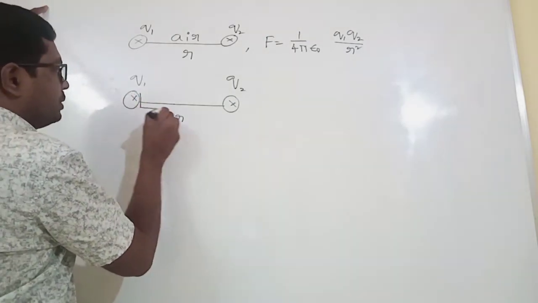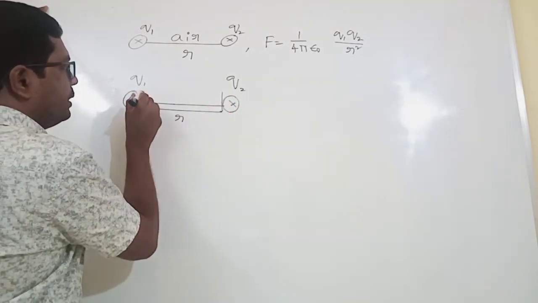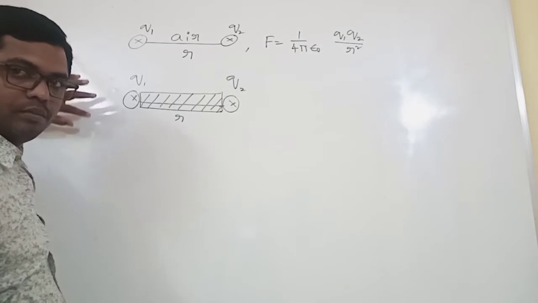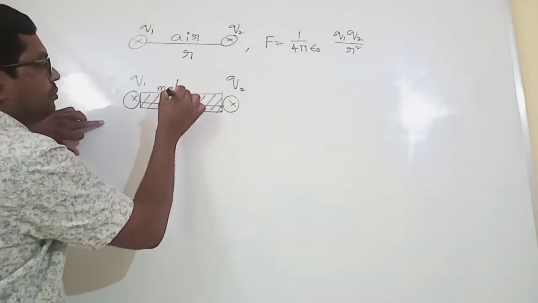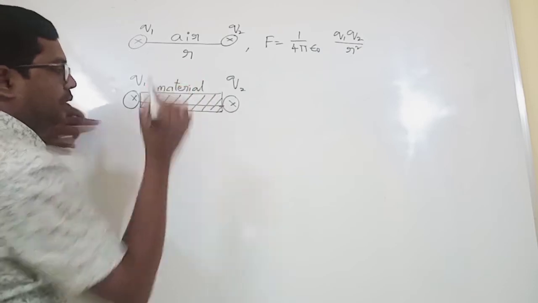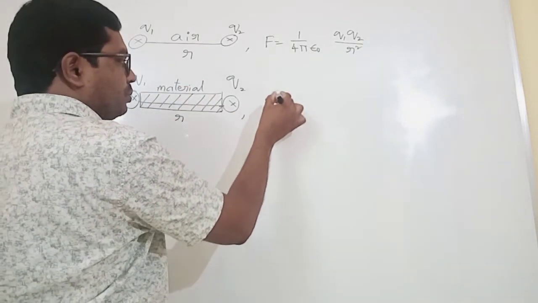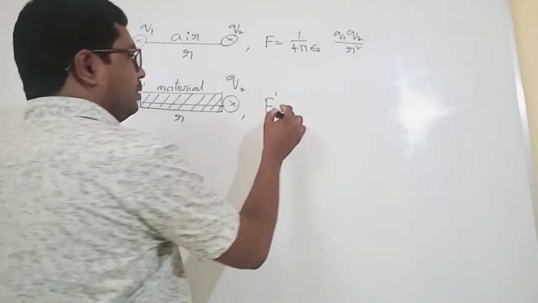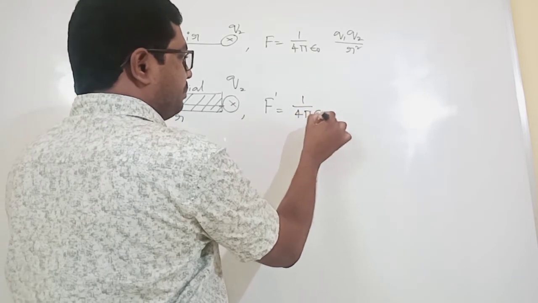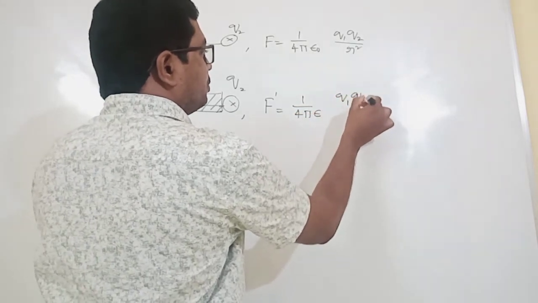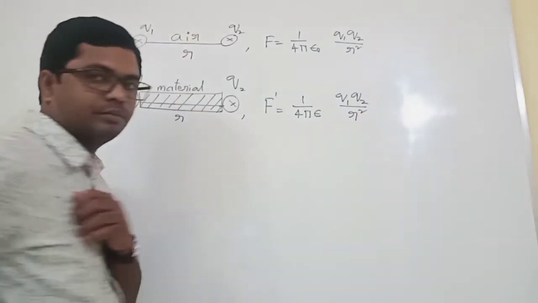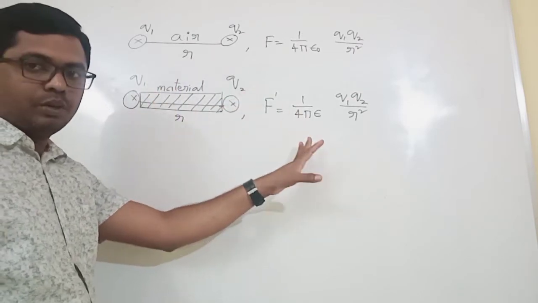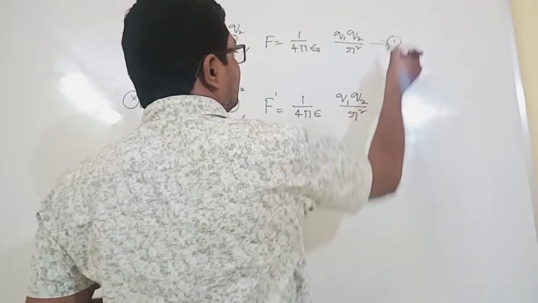But the space between these two is filled with some other material medium. Now the force F dash, when the medium is changed, is equal to 1 by 4 pi epsilon Q1 Q2 divided by R square. When it is space, it is epsilon naught; apart from space, it is epsilon only. Let this be equation number 1 and this be equation number 2.